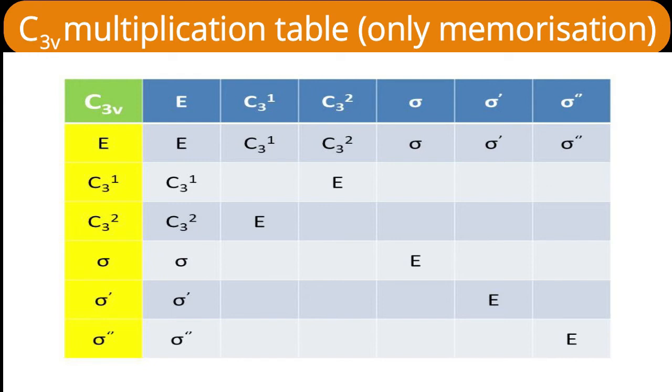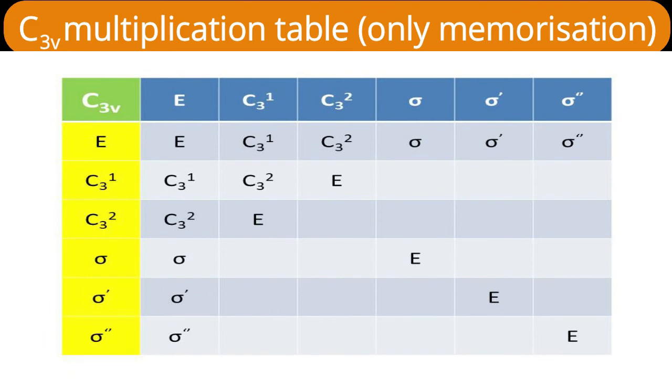I want to complete those positions which can be the result of multiplication between axial operations. Let me consider the first axial operation, that's C31. Its multiplication with C31, result will be C32. Now an interesting multiplication.